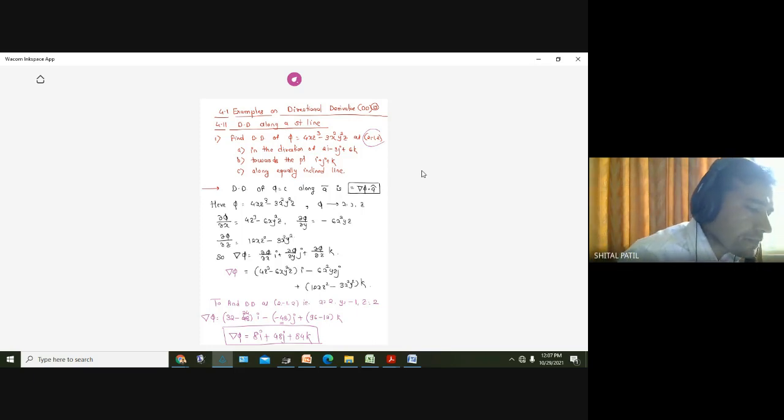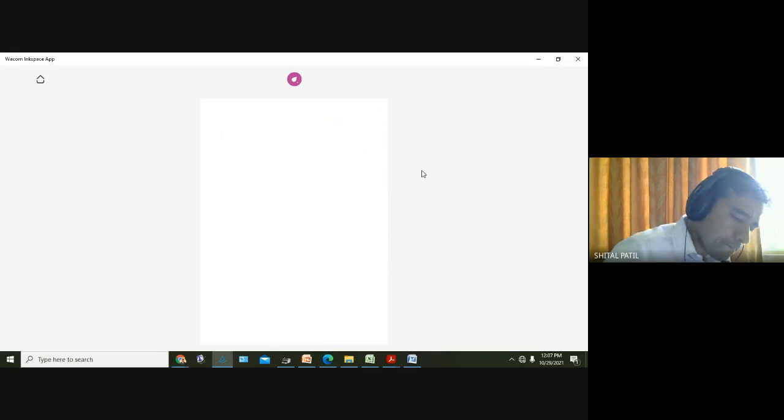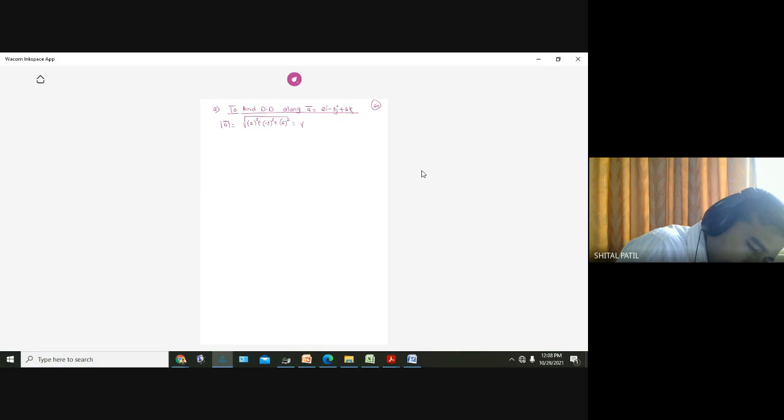Okay, next page. First part is to find directional derivative along 2i minus 3j plus 6k. So, mod of A bar, unit vector.